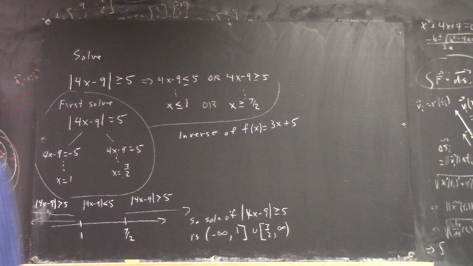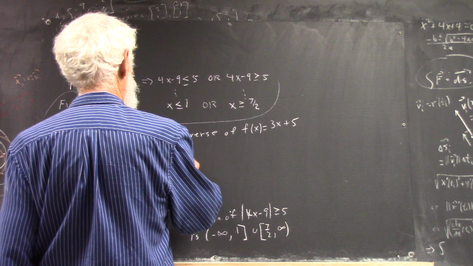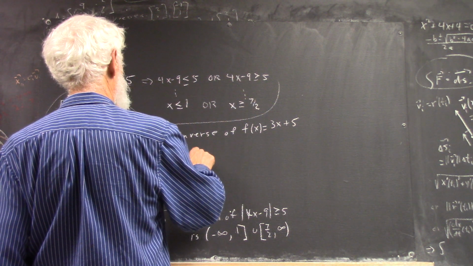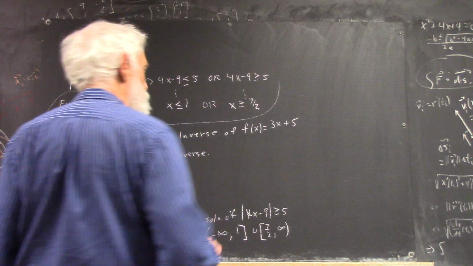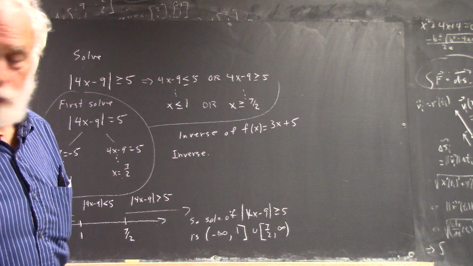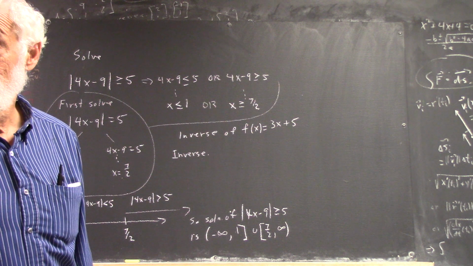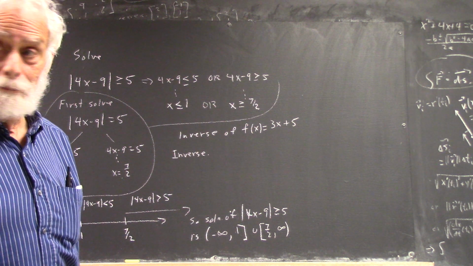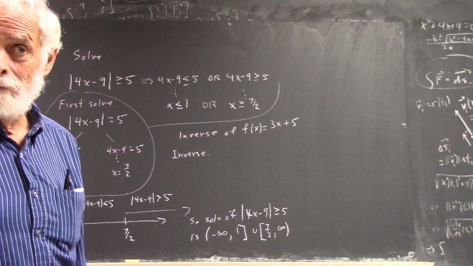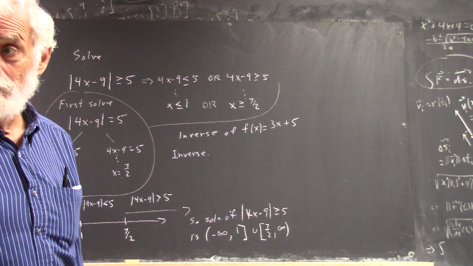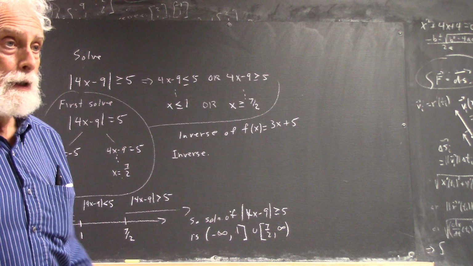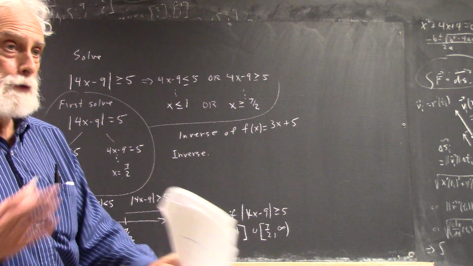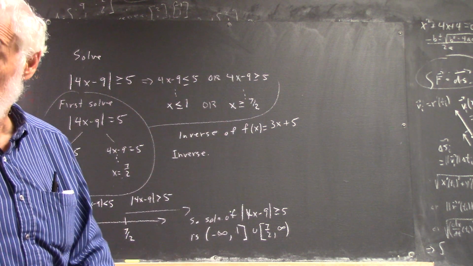What's the inverse of this? What do you do to do an inverse? What do you know for sure about inverses? Inverse functions. You flip the x and y values. Yeah, if you got a table of values, you switch the x and the y's, right? So it switches x and y's.